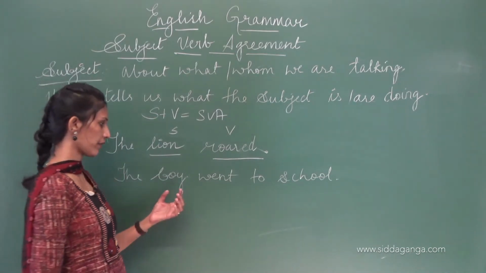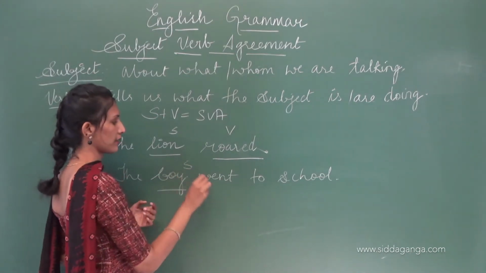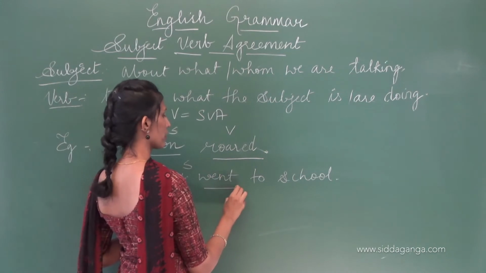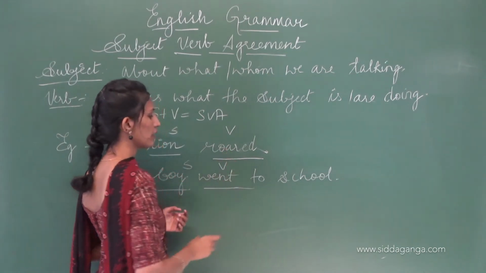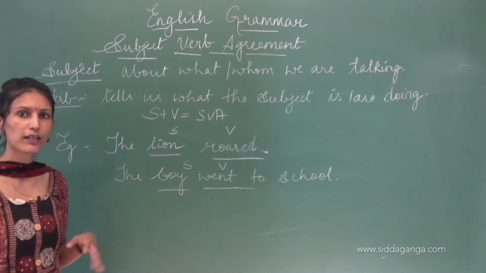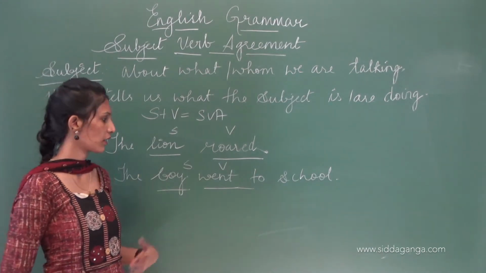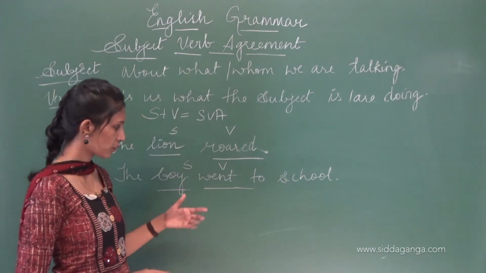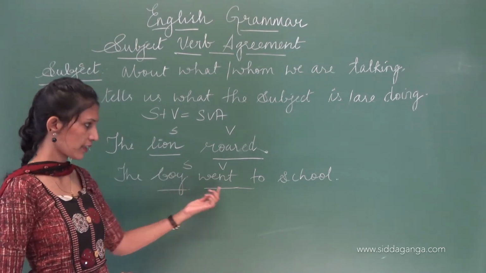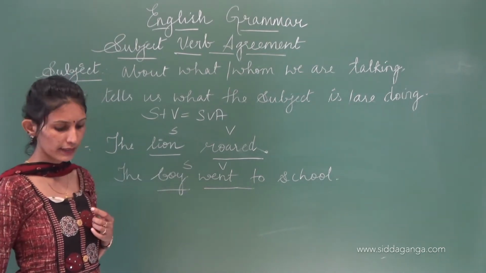Now, in this sentence, the boy went to school. The boy is the subject. Went or went to together becomes the verb. Okay, go, going, went, he went. Alright, subject and the verb alike.